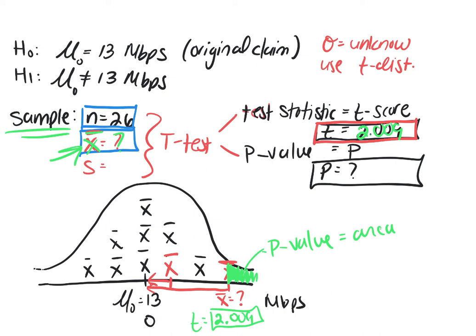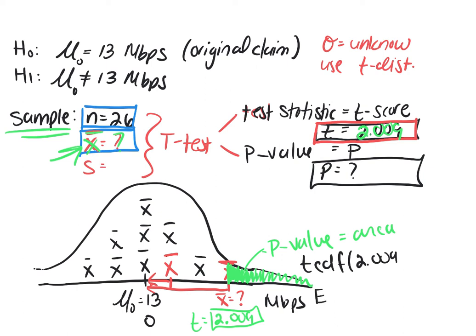Because it is an area, on your calculator you can use the function TCDF to find areas under the t distribution. The information that TCDF is going to ask you to put in is a lower limit. Here that lower limit is going to be 2.009. And then your upper limit, because remember this is a continuous function, you just need to put in a really, really large value.